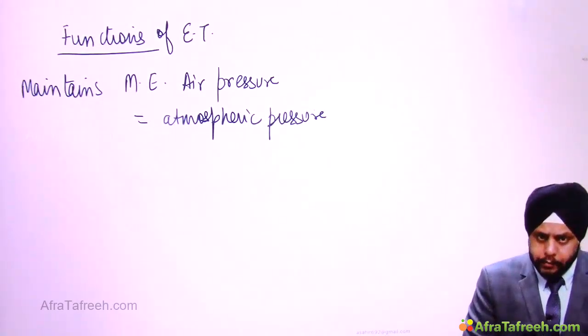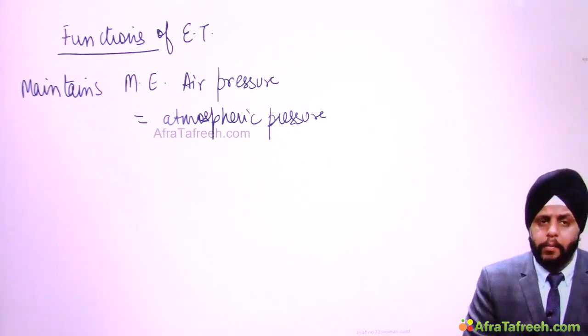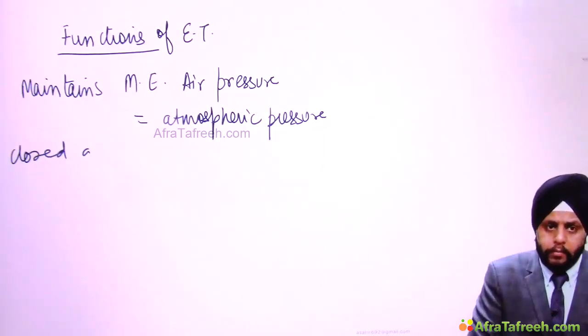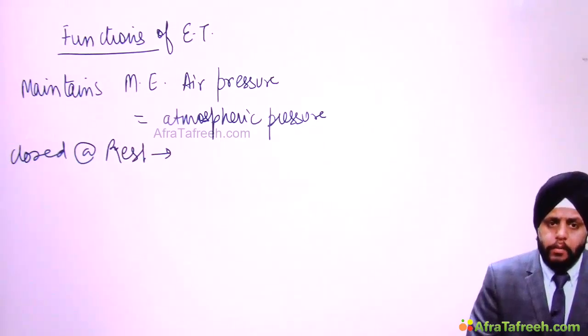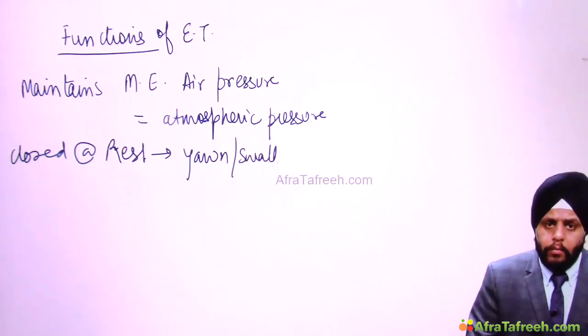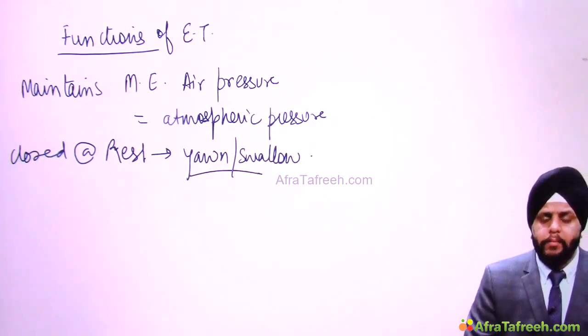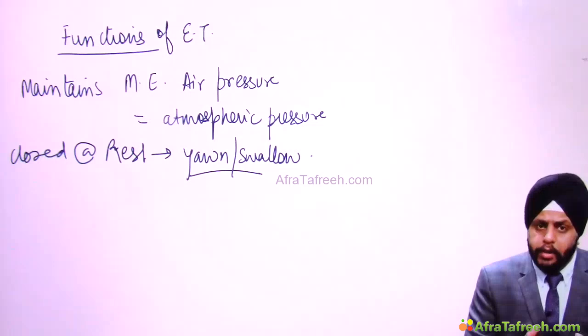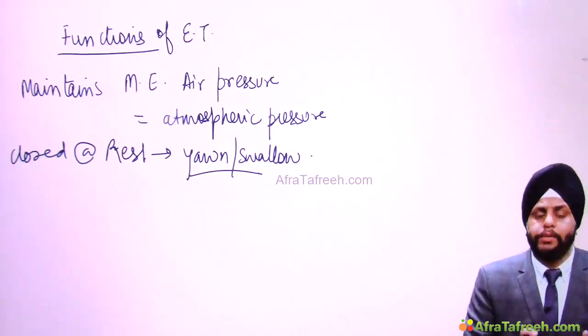Now remember how it maintains middle ear pressure. Normally it is closed at rest. But when you yawn or swallow, the soft palate moves, and that leads to contraction of your tensor veli palatini, and that opens the eustachian tube.